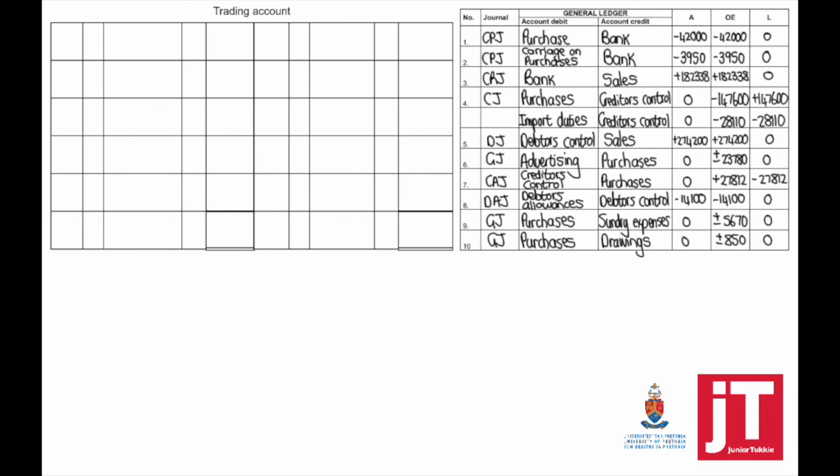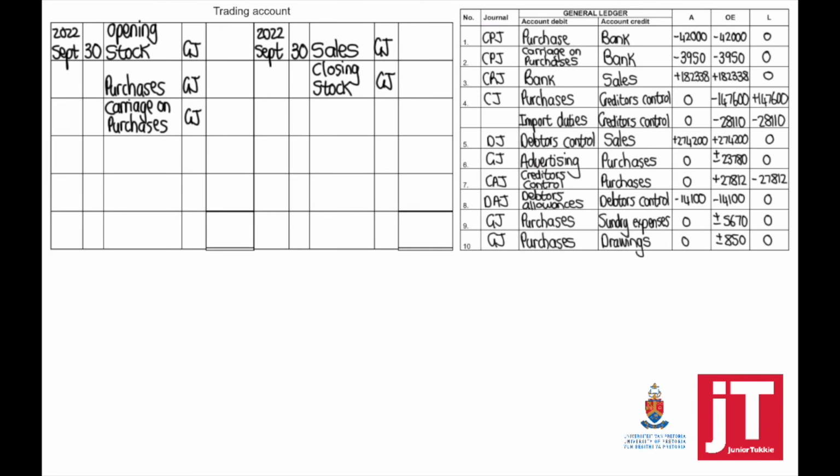Now, if you're not 100% sure, please refer to the theory booklet. The trading account in a periodic inventory system, this is what you need to study. You would always have on the debit side the opening stock plus purchases plus carriage on purchases plus any other additional cost like custom duties or import duties.